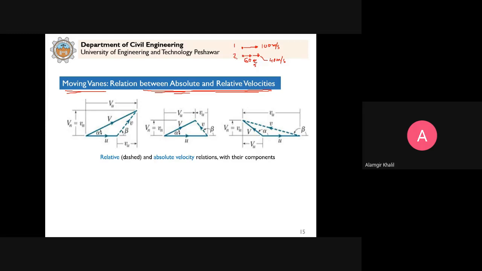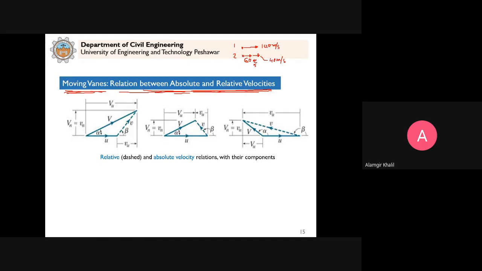So when we consider the motion of these two bodies, we also have to consider their relative velocity. This is how, when the vane is moving and the jet of water strikes the vane, we have to consider the absolute and the relative velocities. First we define the relative velocity.